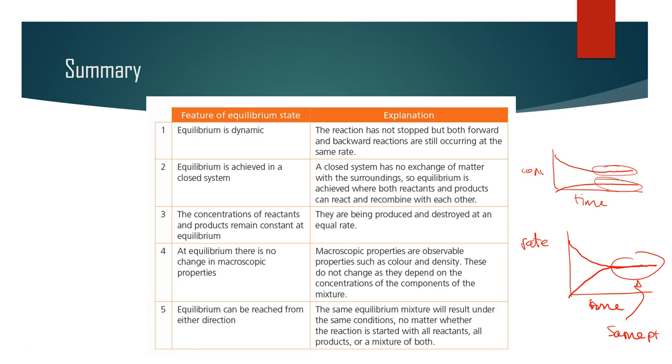There is no change in macroscopic properties, so we can't visibly see a change. It will seem as though nothing is happening in the flask, but we need to remember something is always going on, and that equilibrium can be reached from either direction. Okay, so it can be from the reactants moving forward to the products, or from having products moving back towards the reactants. It doesn't matter, they will always come to equilibrium if it's a reversible reaction in a closed system.